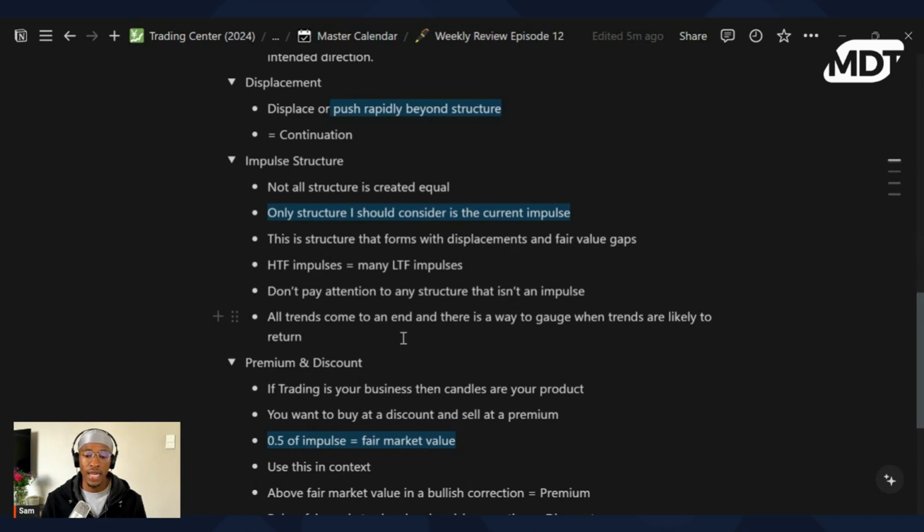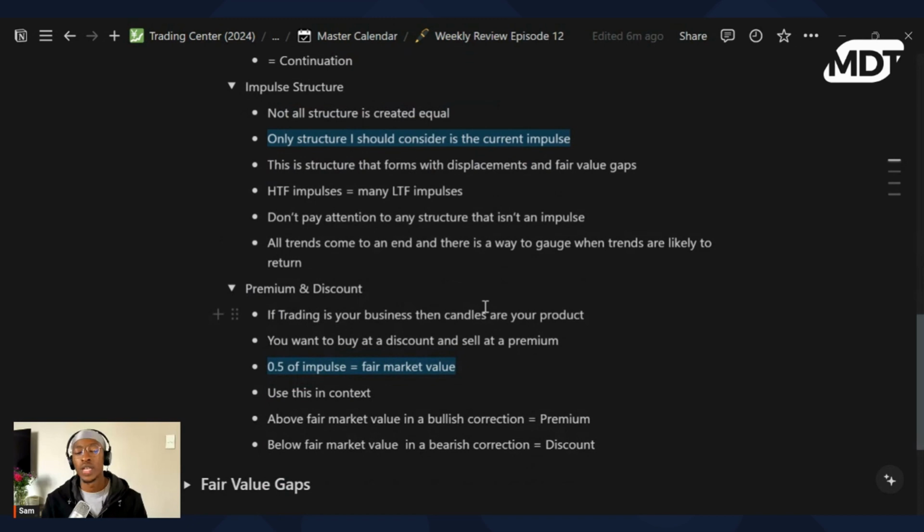All trends come to an end, and there is a way to gauge when trends are likely to return. This can be done by premium and discount. A simple way of looking at premium and discount is basically the 50% fib retracement, which I used to use in my trading, but didn't think about it as premium or discount.